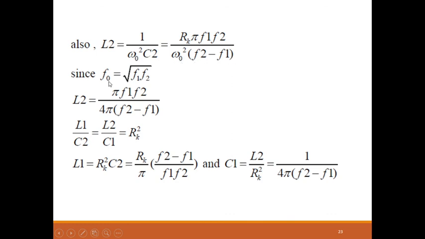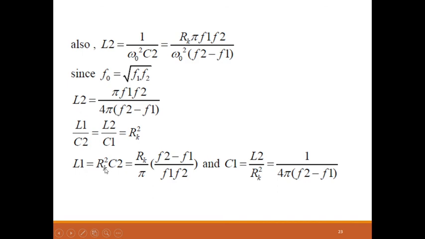Since f0 should be equal to the square root of f1 and f2, we know that, so we are substituting that expression. So L2 should be equal to Rk f1 f2 divided by 4 pi into f2 minus f1. So L1 by C2 and L2 by C1 should be equal to Rk square.